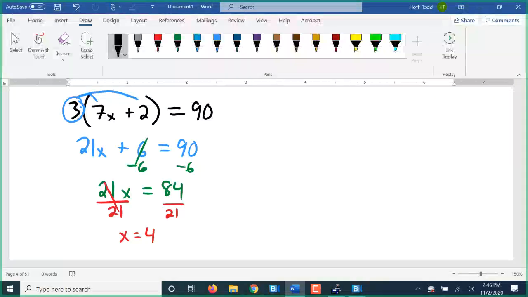I'm going to have you guys try one similar to that in your notes. So 5 times 3x minus 8 equals 50. I'll give you a minute to solve that, then we'll go over it.